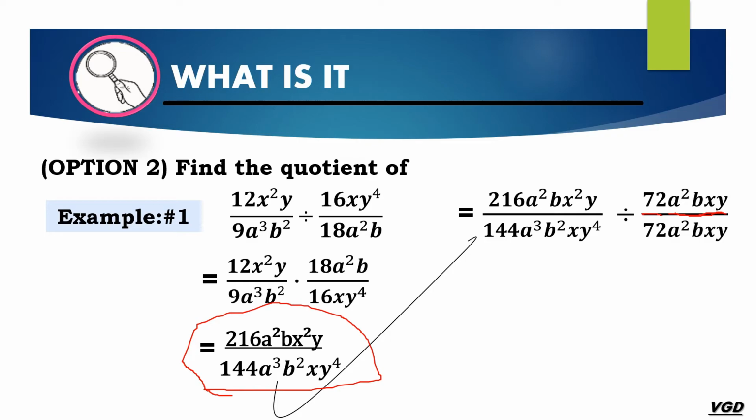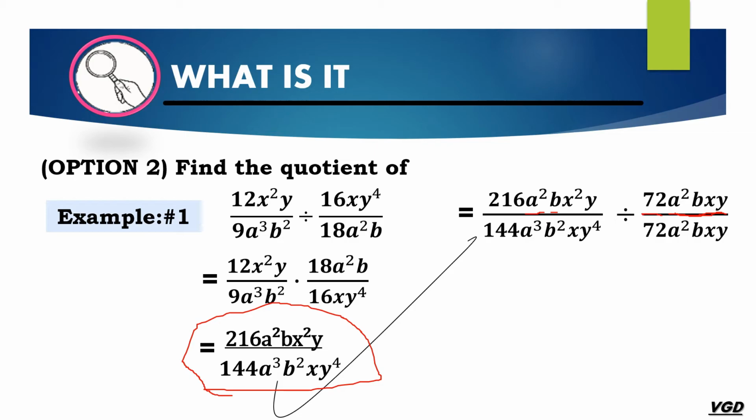Now, applying the quotient rule of the law of exponents, we will divide 216 by 72, and since there are exponents with the same base, such as a squared, a, b, x, and y, we are going to apply the quotient rule. And so we will subtract the exponents since the operation is division.